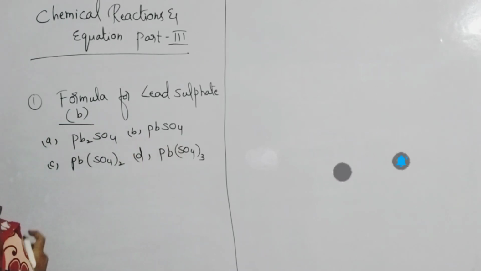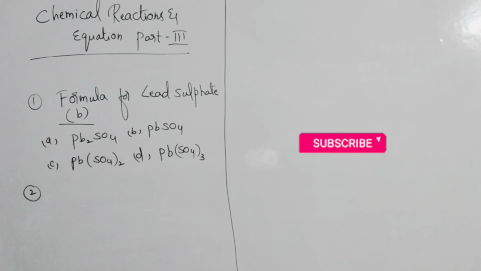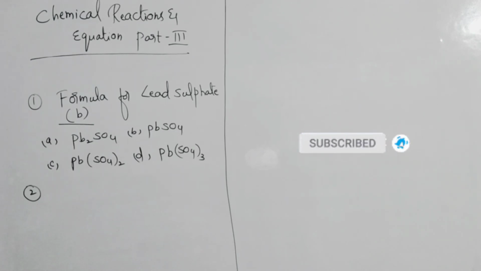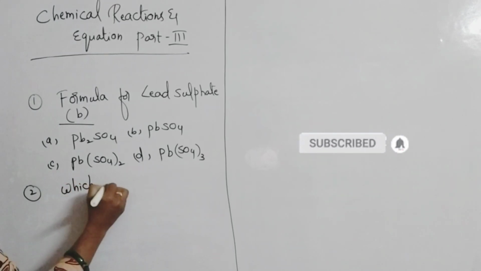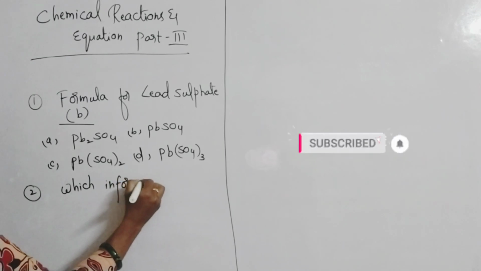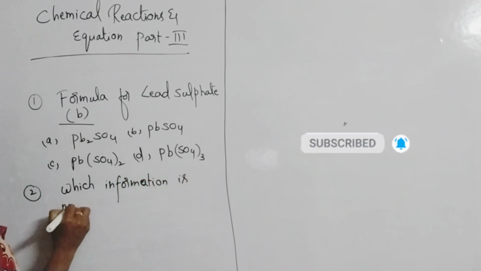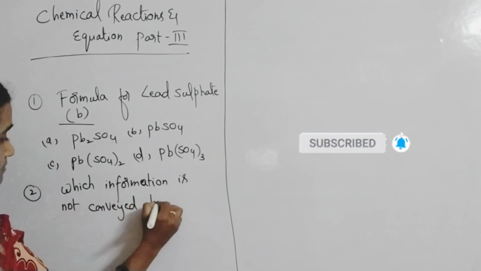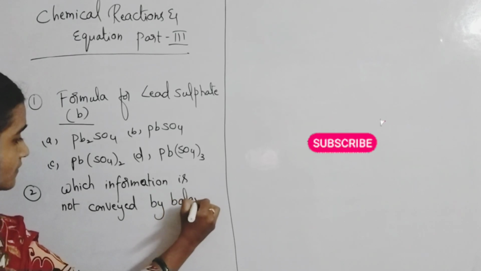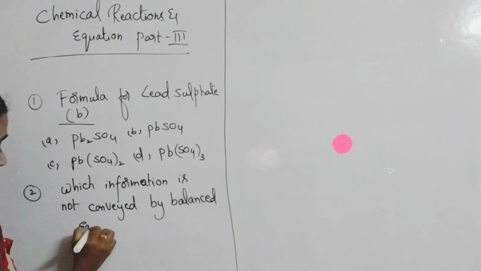Lead sulfate formula is PbSO4. Next question: which information is not conveyed by a balanced equation? If you take a balanced equation, what information does it generally convey?